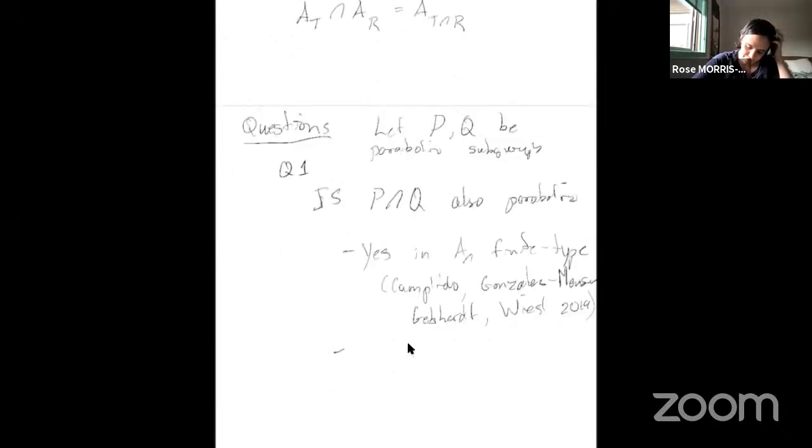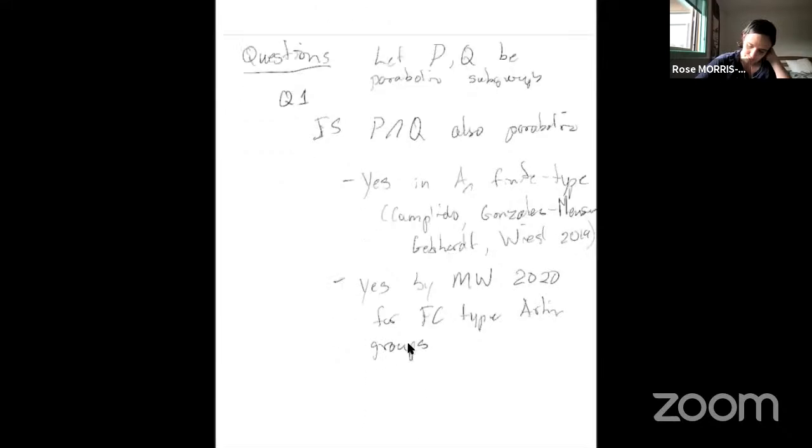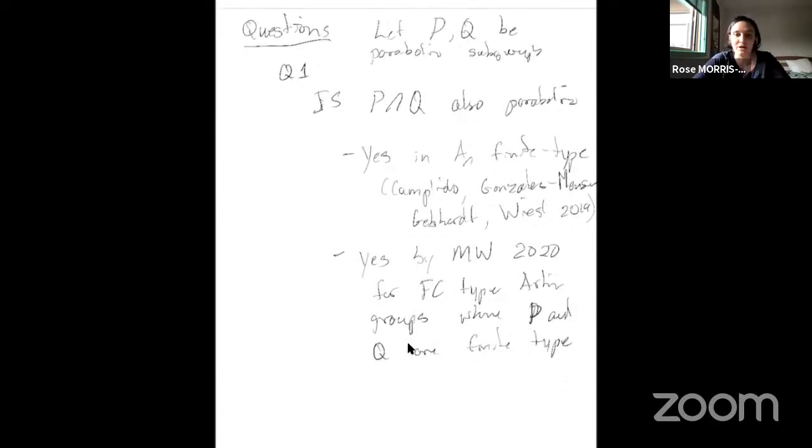And I also have a result by myself, but this is just for FC type Artin groups, where P and Q are finite type. So that's a little bit more general, but still not very much. And this is basically all we know about this question.